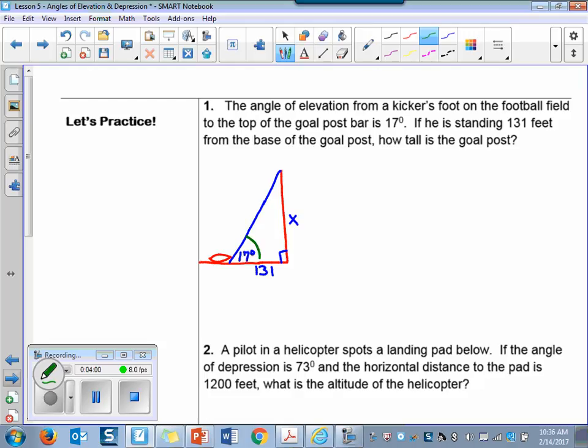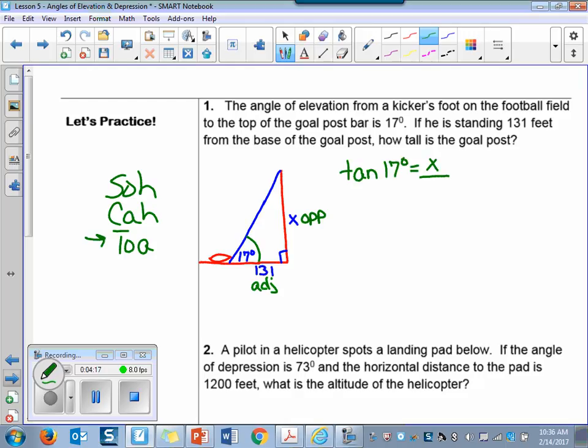So let's label these. This is my angle. So this is opposite. And this side is adjacent. So SOH CAH TOA. Opposite and adjacent is tangent. Tangent of 17 degrees equals x over 131. Need to apply a little algebra here to isolate the variable.